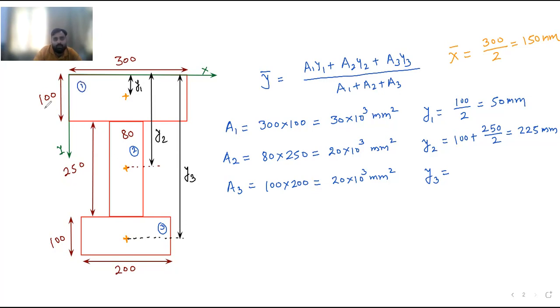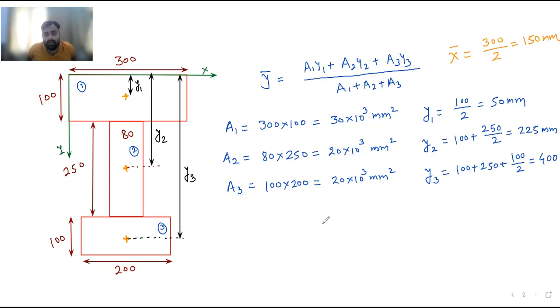This is 100, which is already known to us, plus this total is 250. So 100 plus 250 means 350 up to this point. Then from here it is half, so 100 by 2. So your y3 will be 100 plus 250 plus 100 by 2, which is equal to 400.